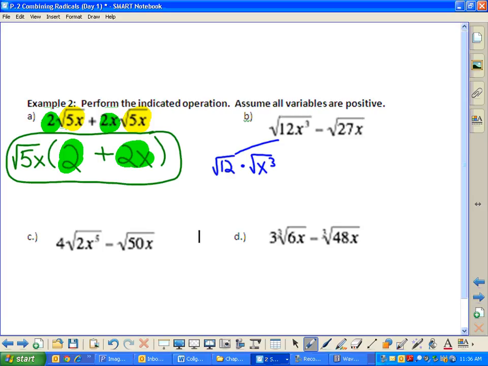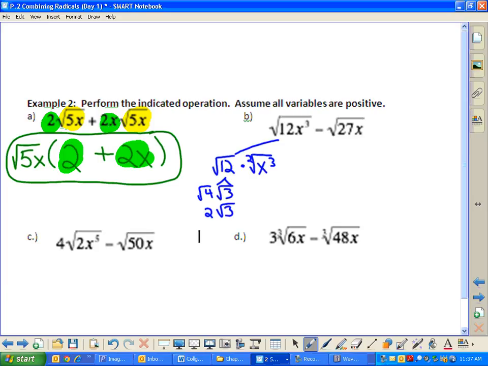Anybody remember what that property is called? The property I just used to break that radical apart around its product is called the product property. Yes, very good. Moving forward then, I can simplify the square root of 12. That breaks down to 4 and 3. Square root each piece, you get 2 root 3.